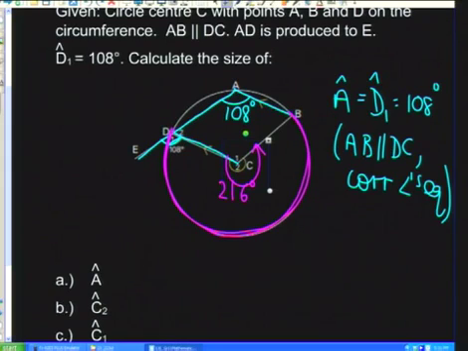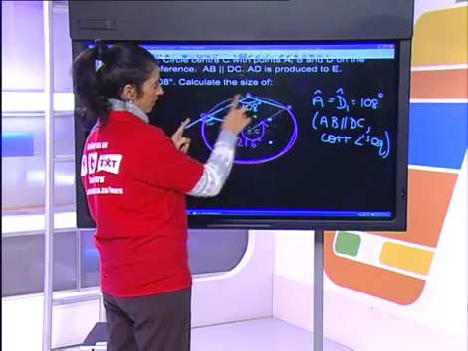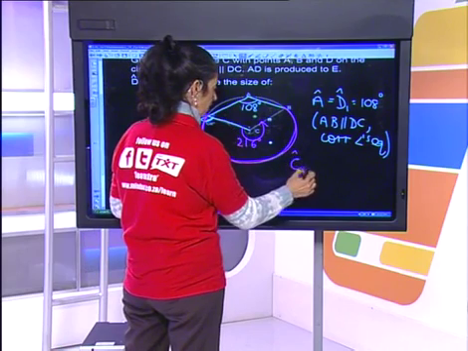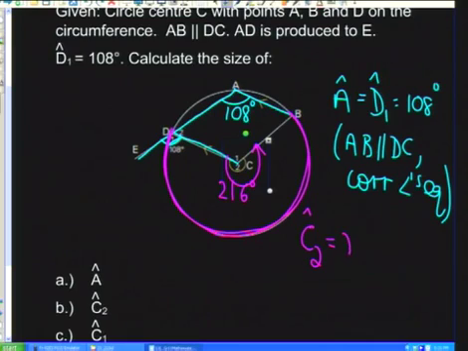So the relationship between the center angle and the circumference angle will always be a 1:2 ratio. But because it's the major arc that's subtended at the circumference, we now can say that C2 is equal to twice angle A, so it's equal to 216.